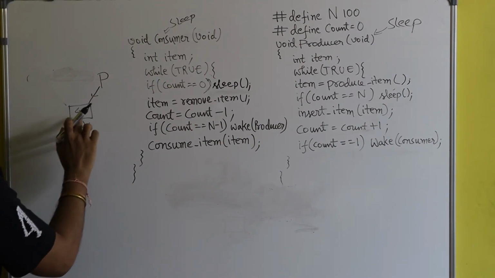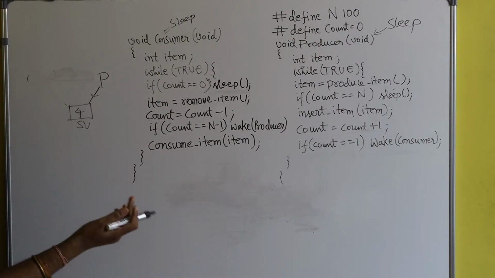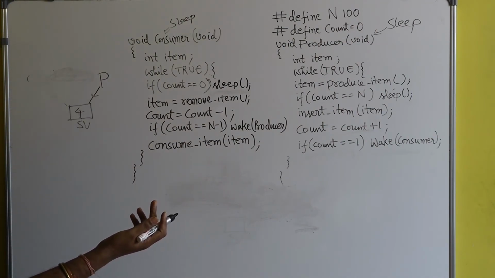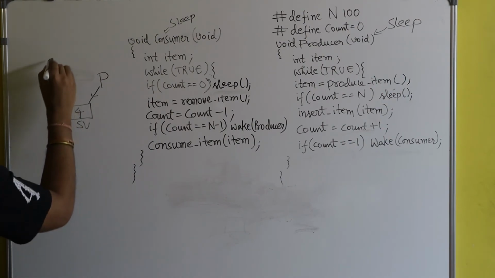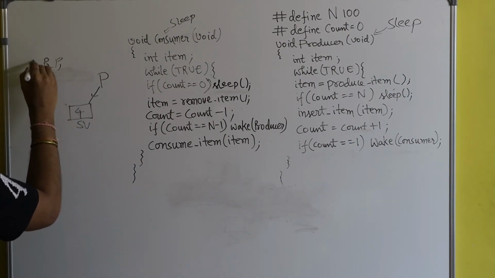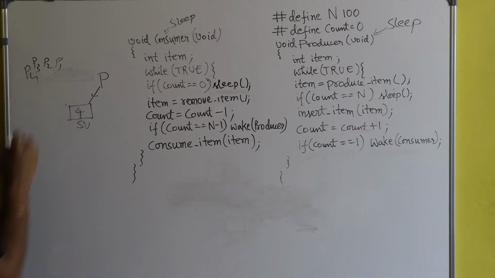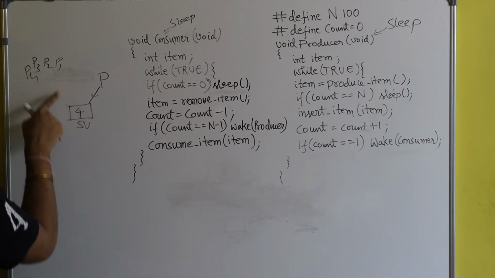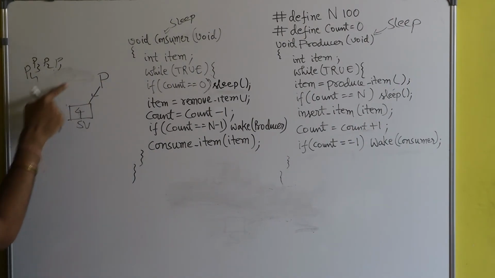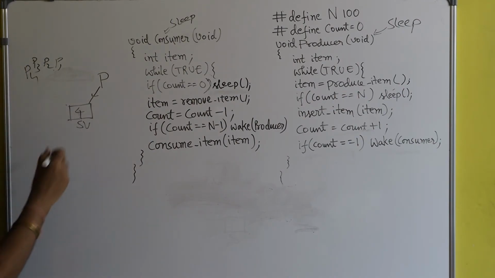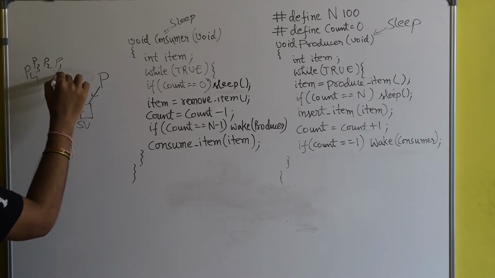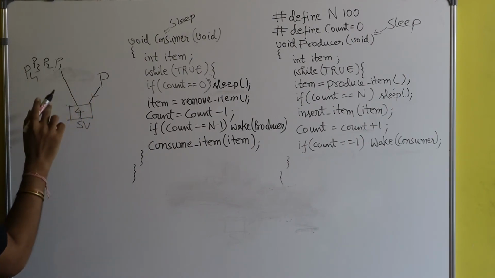It means what? 4 wake up calls have been invoked. So for 4 processes, P1, P2, P3, P4, suppose all the processes want to sleep. All these processes, before sleeping, must check the status of the semaphore variable.